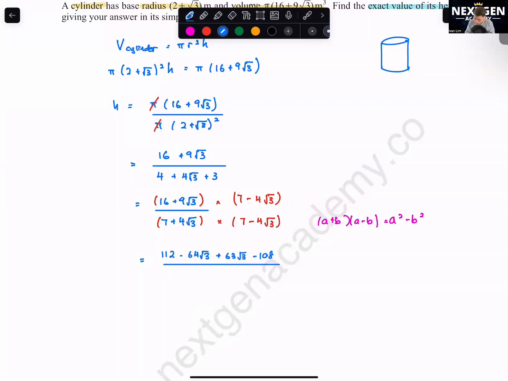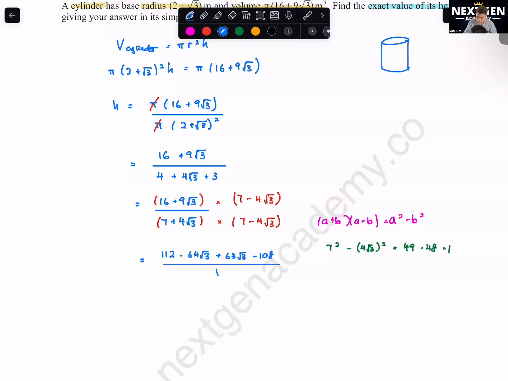At the bottom, you get 7² minus (4√3)². Then here will be 49 minus 16 times 3, which is 48, which is equal to 1.